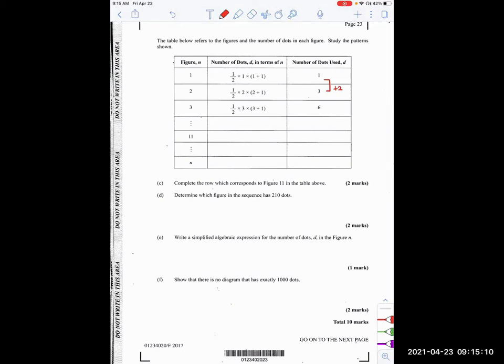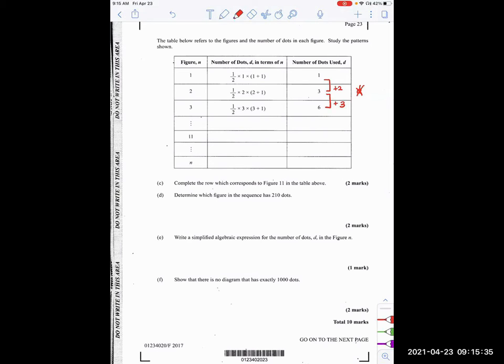How much do I add to the number 3 to get 6? 3. So the common difference is not the same. So I cannot use the formula Tn. There must be some other method I must be able to use to get the formula. But let's see what we can come up with in the meanwhile.